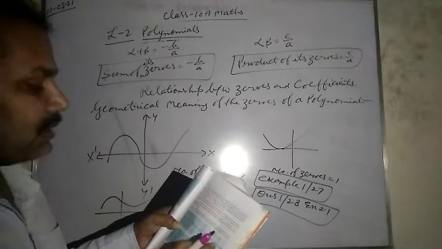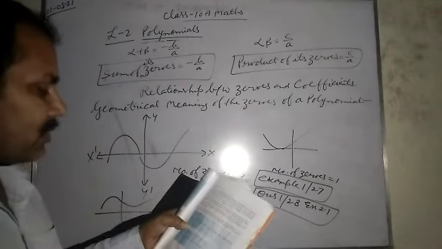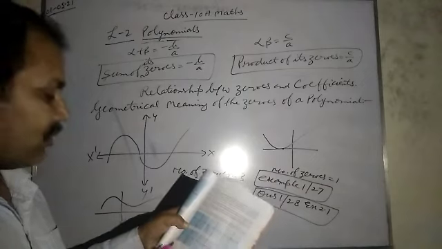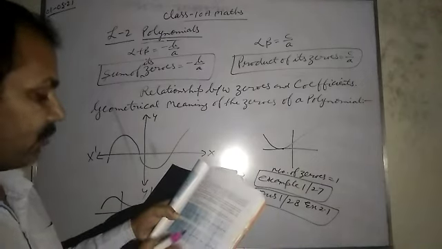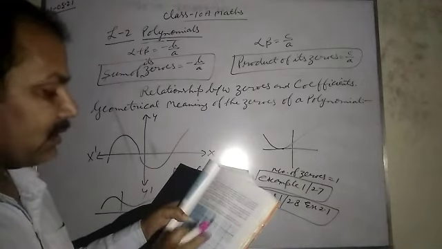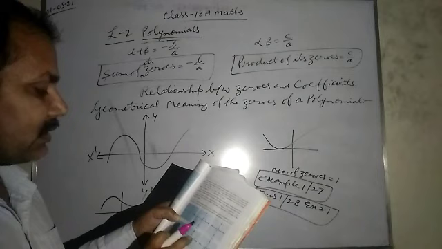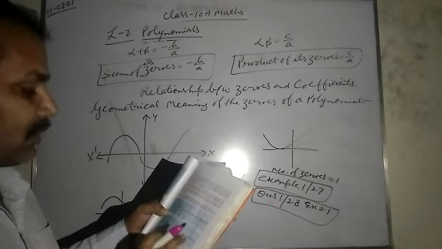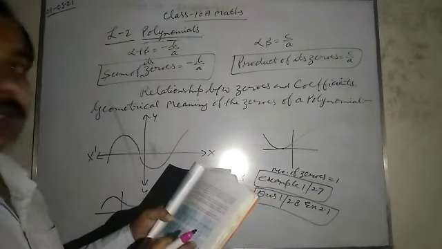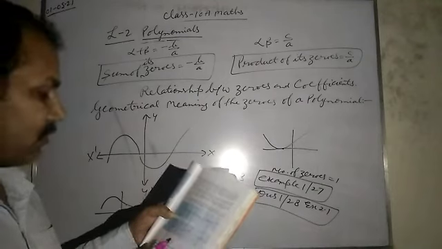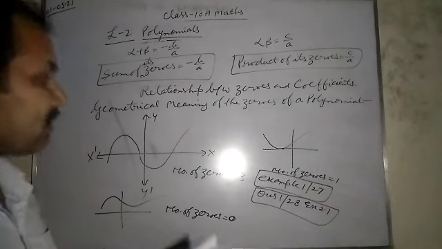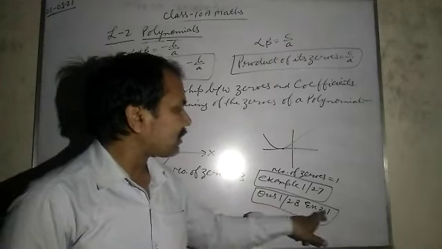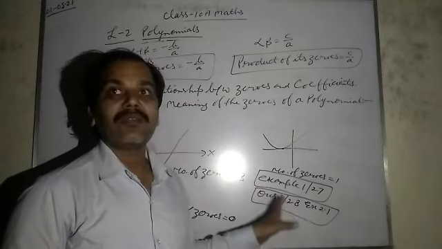In the third, it intersects at 3 points, so 3 zeros. In the fourth one, it intersects at 1 point, so 1 zero. In the fifth one, it is touching the x axis at 1 point, so 1 zero. And in the last one, 1, 2, 3, 4, it intersects at 4 points, so the number of zeros is 4. Like this, question 1 on page number 28, exercise 2.1, you can also do by yourself.